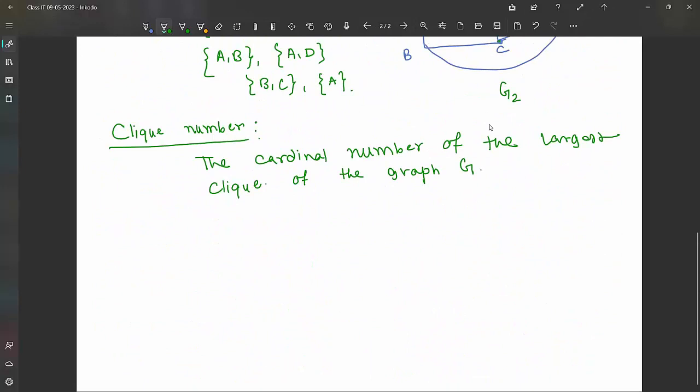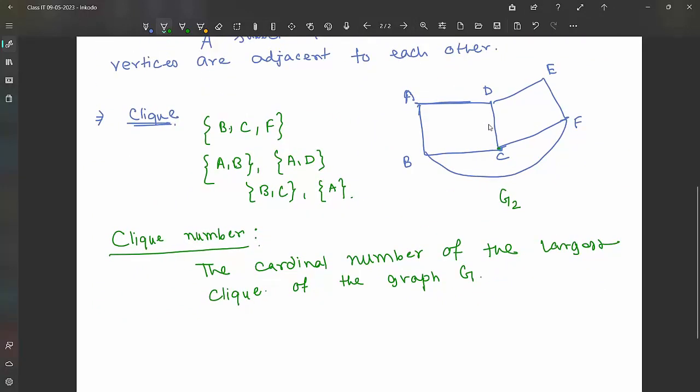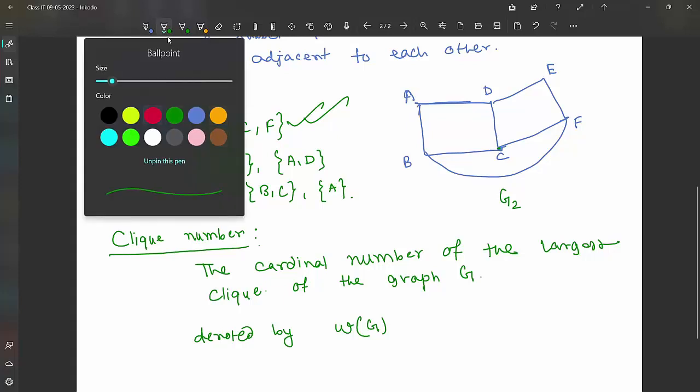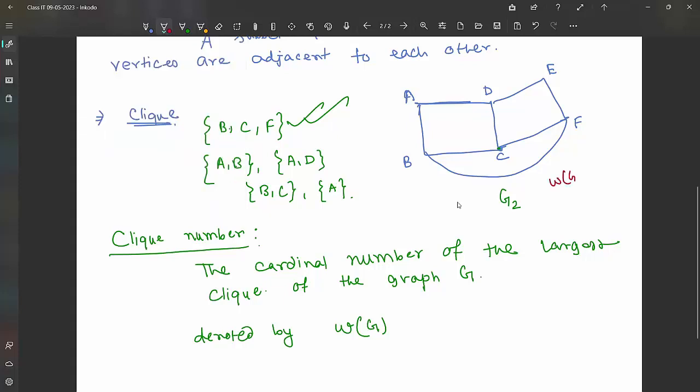In this G2, this is the largest clique, and this is denoted by W of G. So what is the value of W of G2? W of G2 is actually 3. So this is called the clique number, and this is the concept of clique of a set.